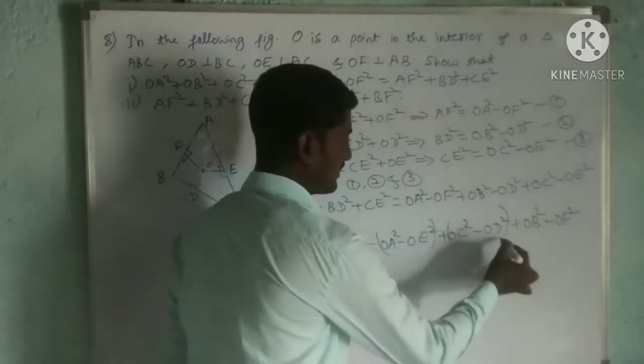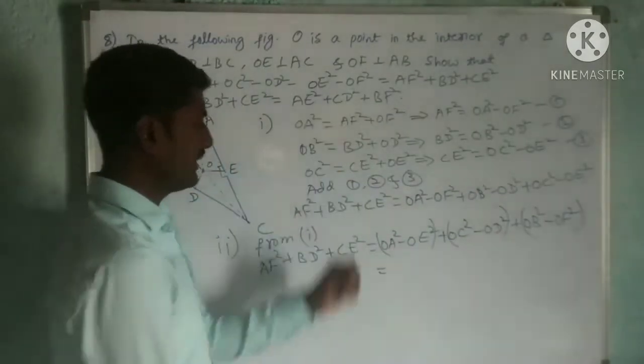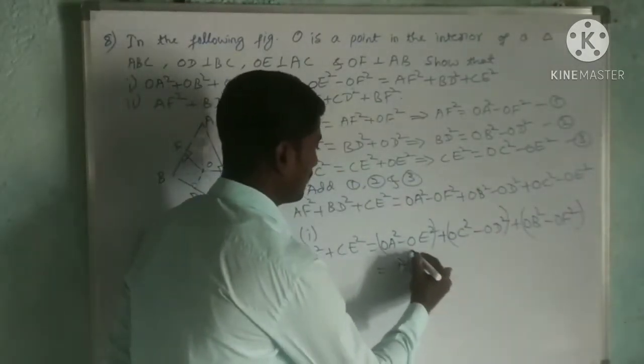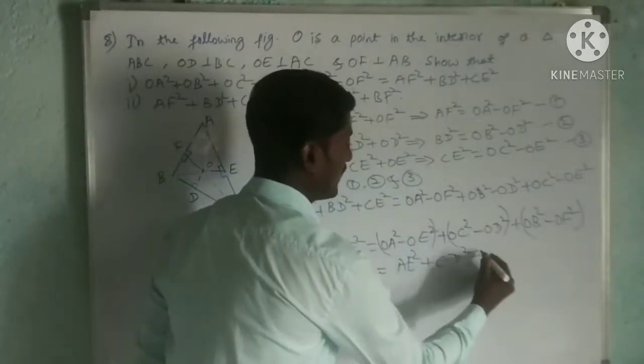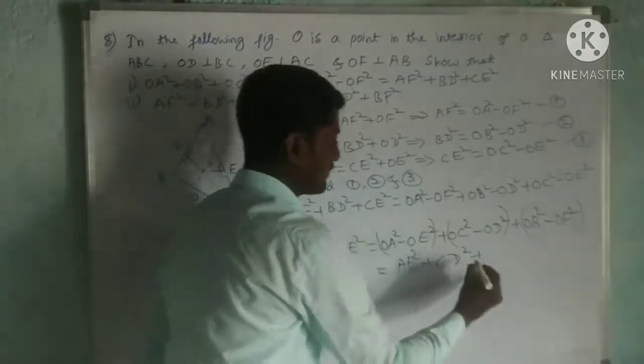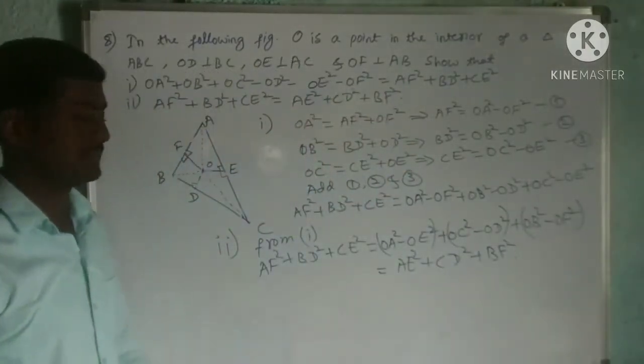This is one term, this is another term, this is another term. In place of this, I can write A square plus, in place of this one I can write CD square plus this term, that is BF square. Answer, we proved it.